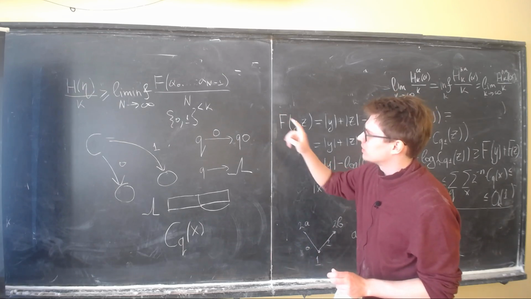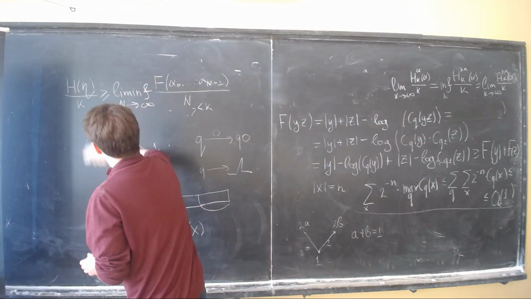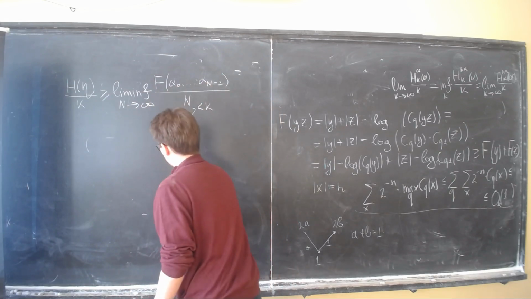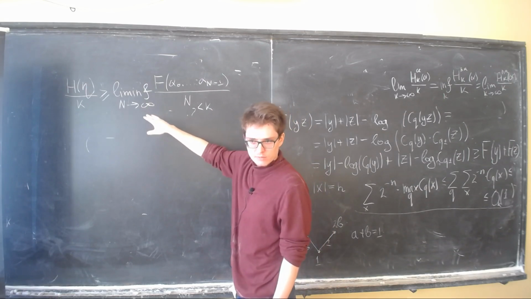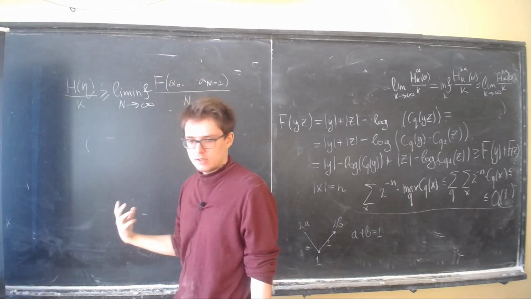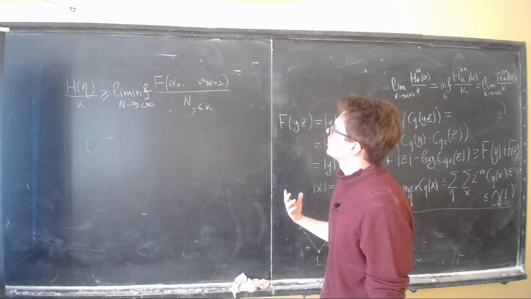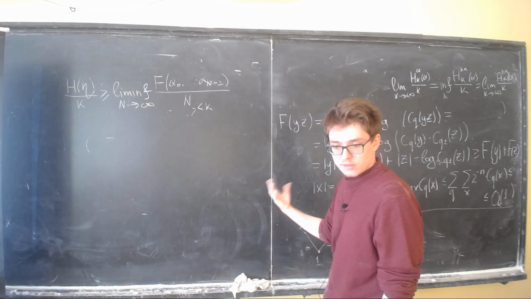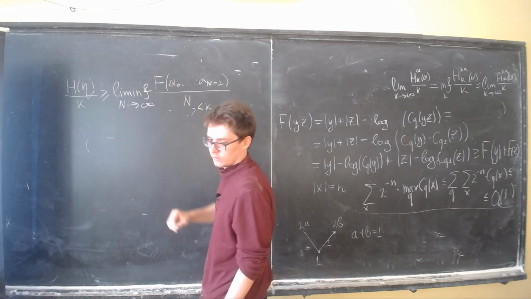So to prove this, okay, so what is f of this thing? First of all, as I want to upper bound this limit, I can take any subsequence which is convenient for me and take the limit of this subsequence.